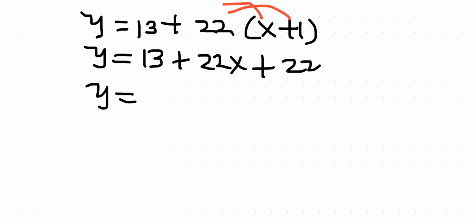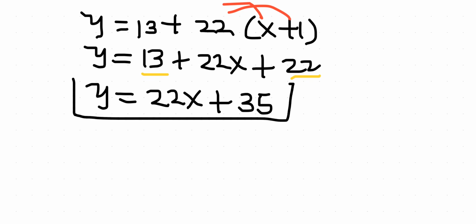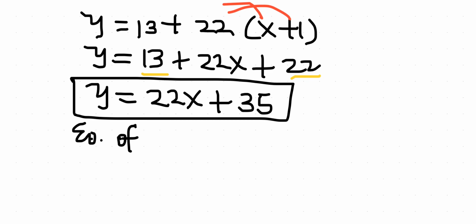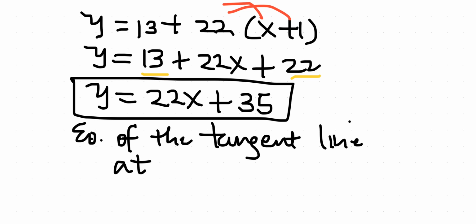Y is equal to, combine like terms. What like terms do we have here? We have a 13 and a 22. So we have 22x plus 35. And this is the equation of the tangent line needed at x equals -1. I hope you find this easier than the first.